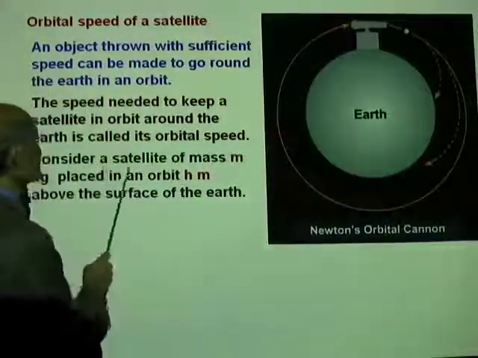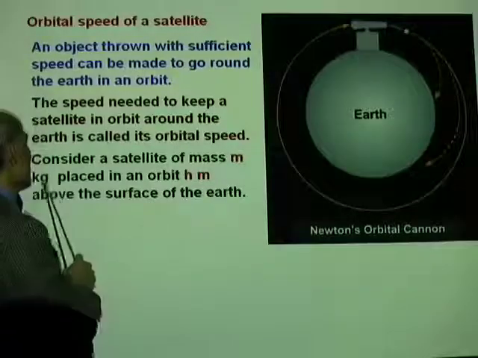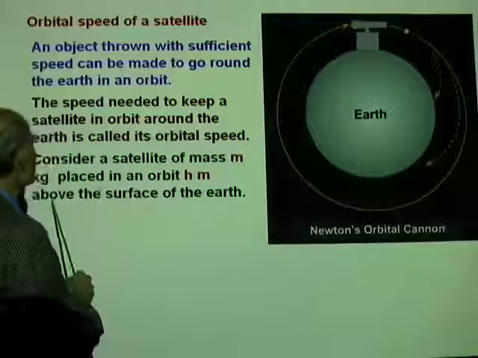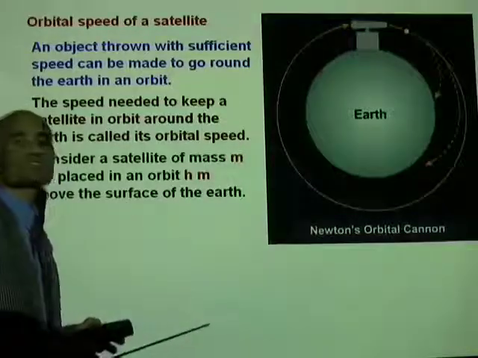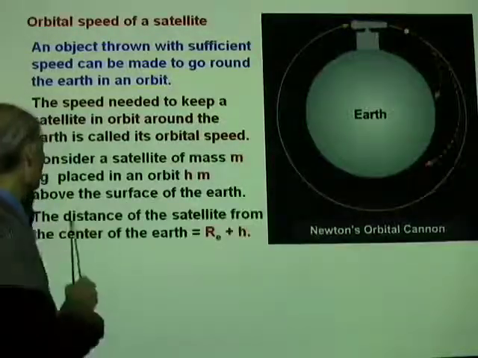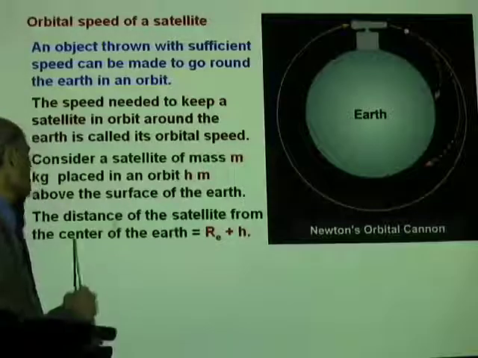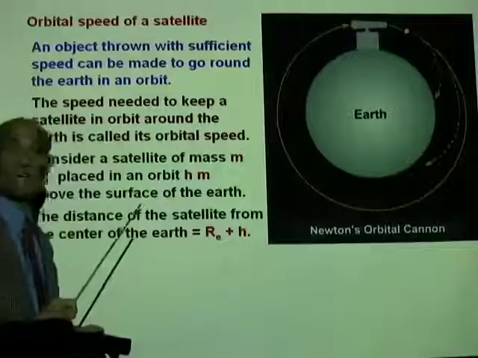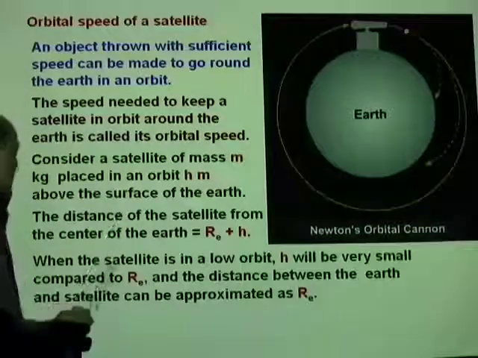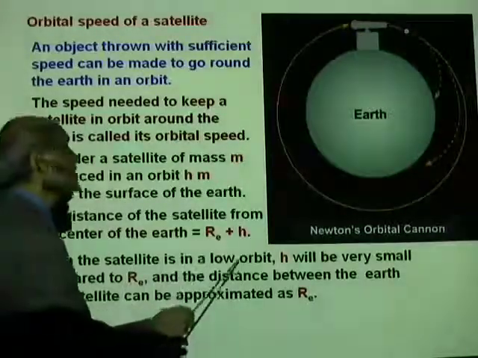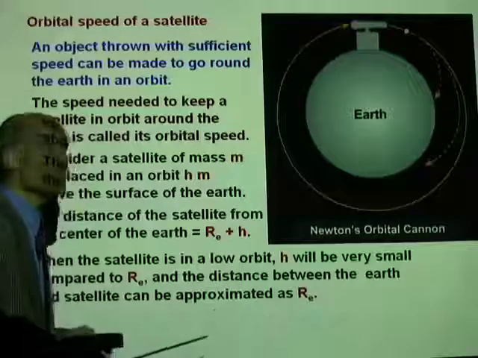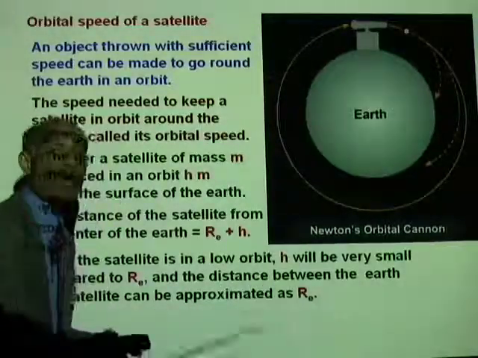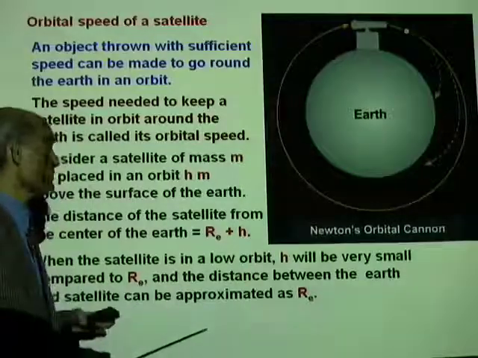Now consider a satellite of mass m placed in an orbit h meters above the surface of the Earth. The distance of the satellite from the center of the Earth will be the radius of the Earth plus h. That's no problem there. When the satellite is in a low orbit, we're going to make an approximation here: this h will be very small compared to the radius of the Earth.